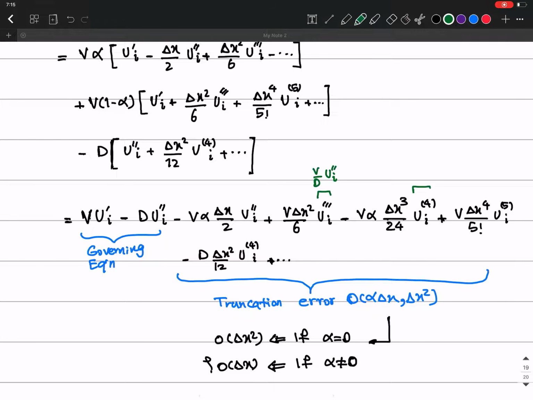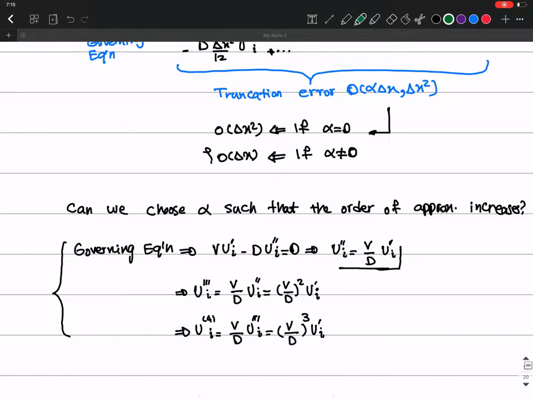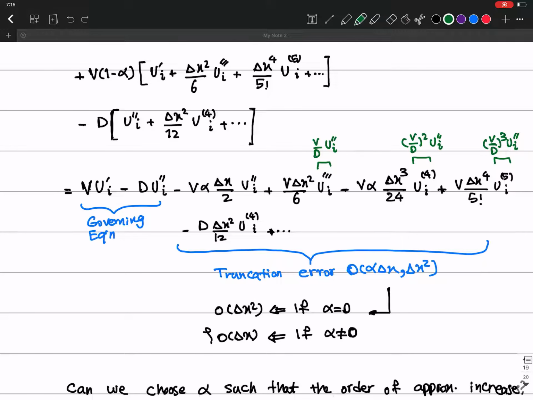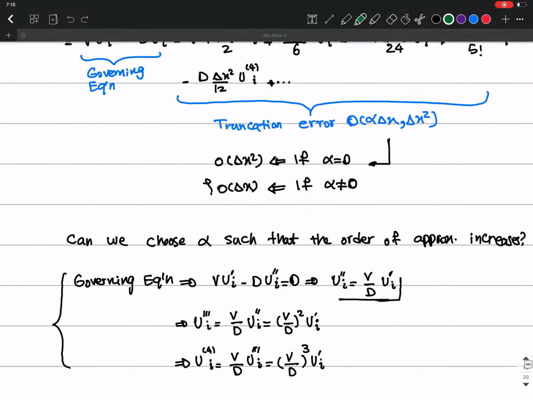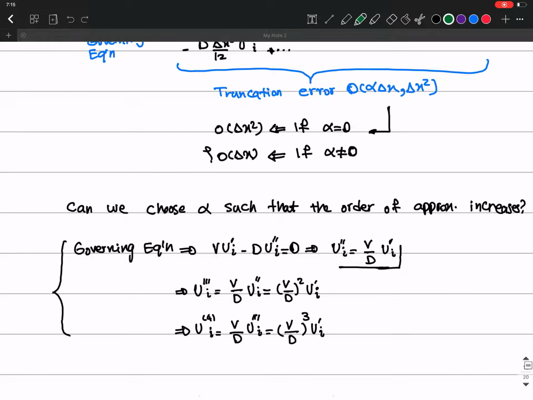This term is going to be v over d squared u double prime i, correct? This term is going to be v over d cubed u double prime i. You can find it from here: u triple prime is v over d u double prime, and u fourth prime is v over d squared u double prime.